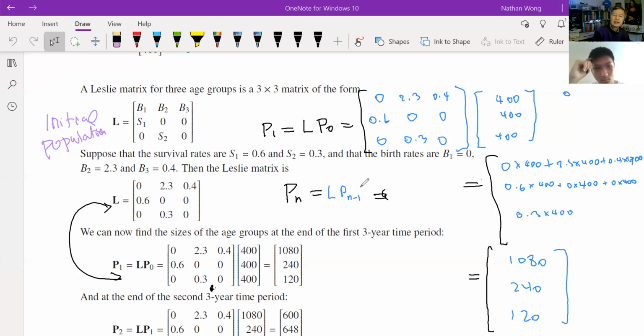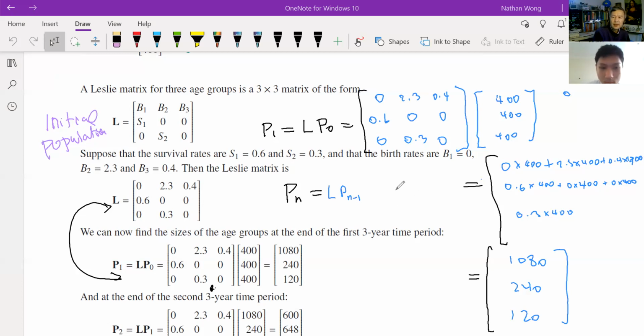Yes, that's right. Okay, can you continue? Can you write it continuously? What is next? What's P_n equal to?